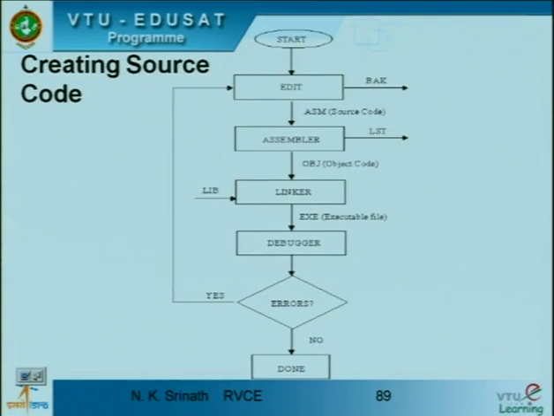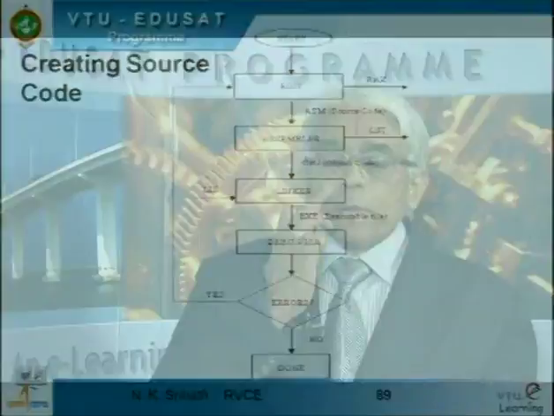Having said all the fundamentals up to this point, let us briefly look into how the program works and how the system creates the source code. You give the program in an editor.